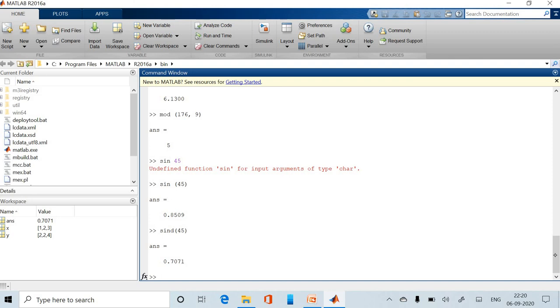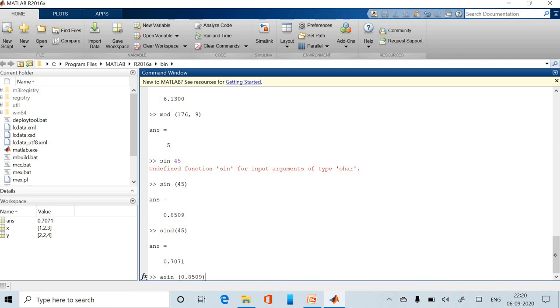Okay. So this you can do for tan. Just put tan. If you want in radians, tan parenthesis and press enter, you will get the answer. Or tan d parenthesis, press enter, you will get the answer in degrees. Similarly it will happen for inverse functions. Just remember, for inverse we put a before sine. So a sine. Suppose you want to check in radians, so just type 0.8509.